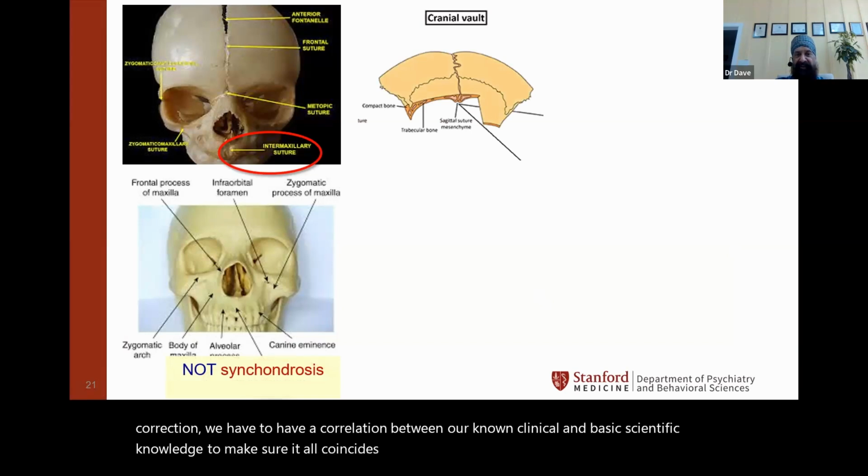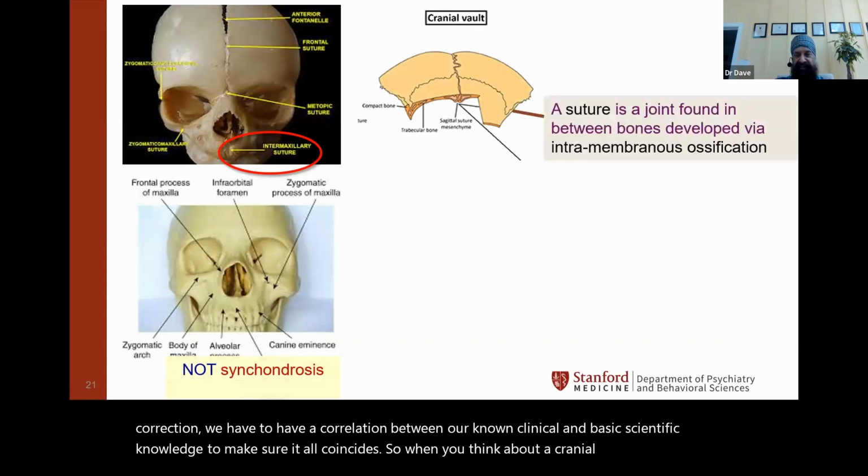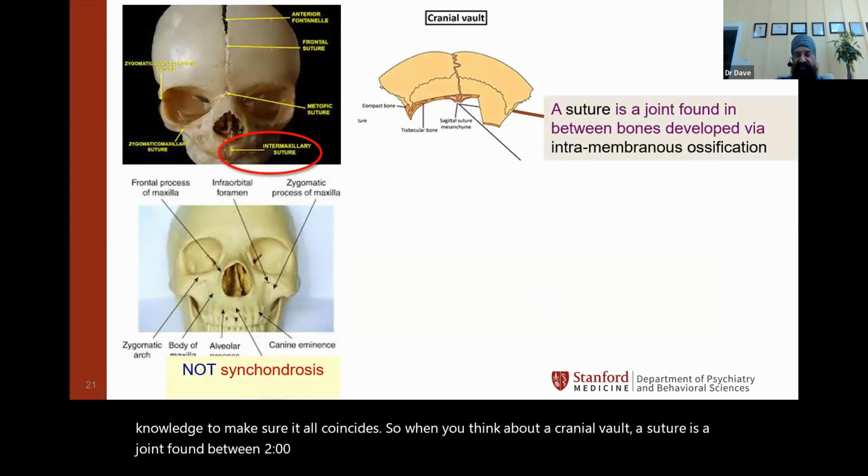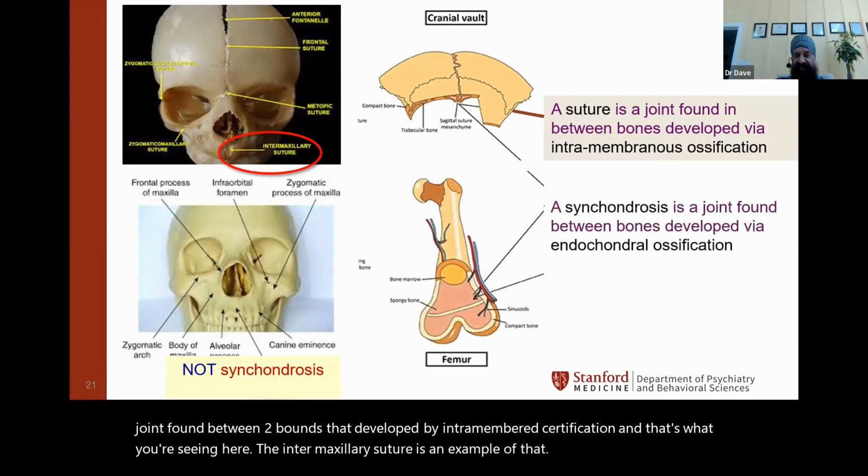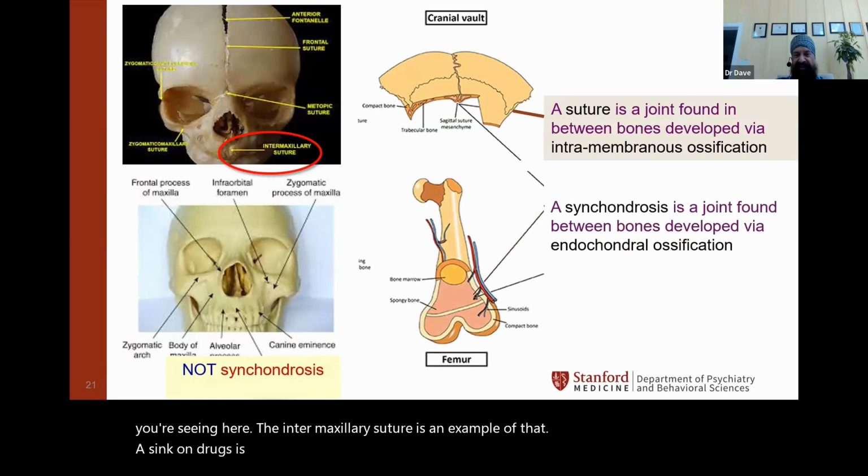So when you think about a cranial vault, a suture is a joint found between two bones that develop by intramembranous ossification. And that's what you're seeing here. The intermaxillary suture is an example of that. A synchondrosis is a joint found between two bones that develop via endochondral ossification. In other words, there's a cartilage plate found like in a long bone.